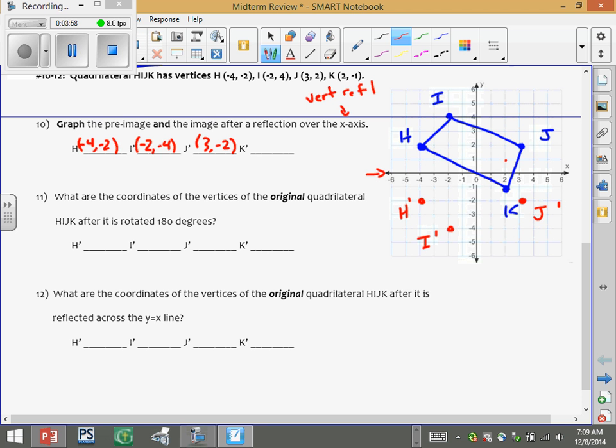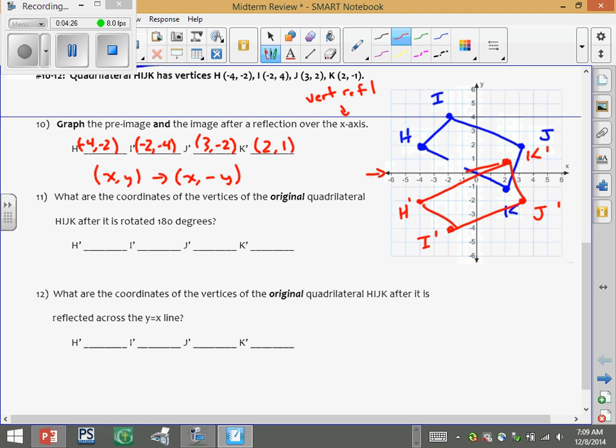K is 1 below, so K prime will be 1 above. Let's clean that one up. K prime will be (2, 1). And if you look carefully, we have followed the rule. Reflection across the x-axis takes all the points, and all we do is switch the sign of y, which is exactly what we did here.